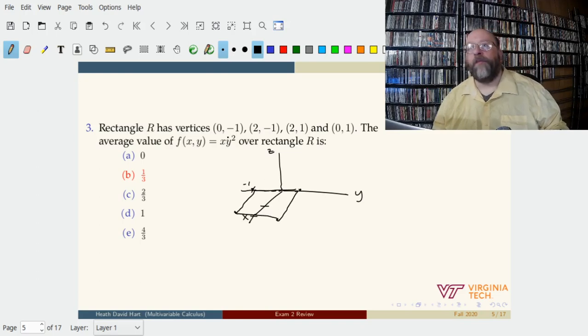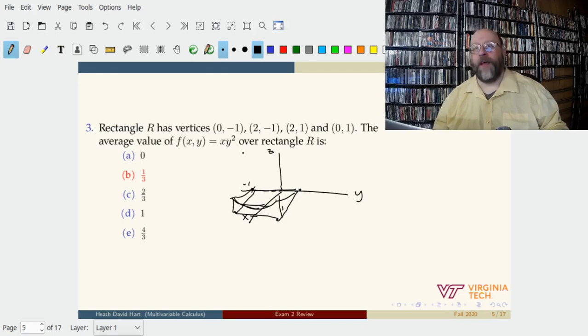And then we have this function xy squared that lies over this surface, okay? And it's a function that kind of comes out like so. But you don't need to know exactly what that shape is.